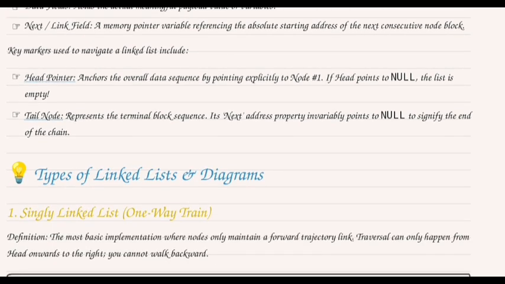There are several types of linked lists, and here we are stating the types with their following diagrams, which can make it easy for you to understand. So let's start. The first type is the singly linked list. It is said to be a one-way train. It is the most basic implementation, where the nodes only maintain a forward trajectory link.